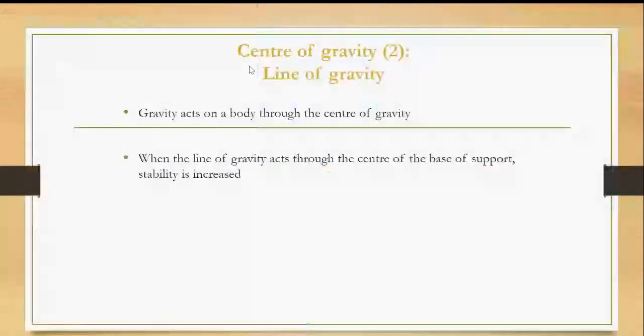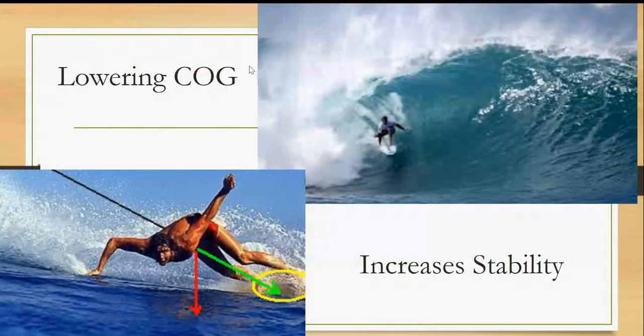So if you lower the center of gravity, you increase stability. You make it harder for you to lose your equilibrium. It will take more force in order to make you unstable.